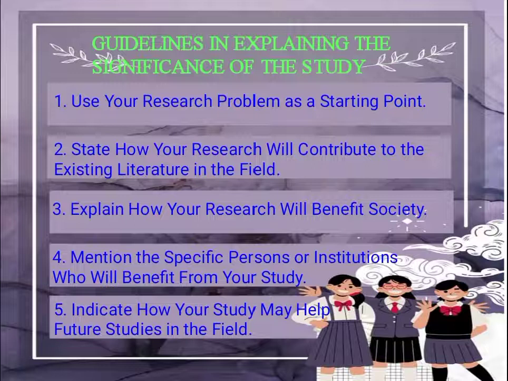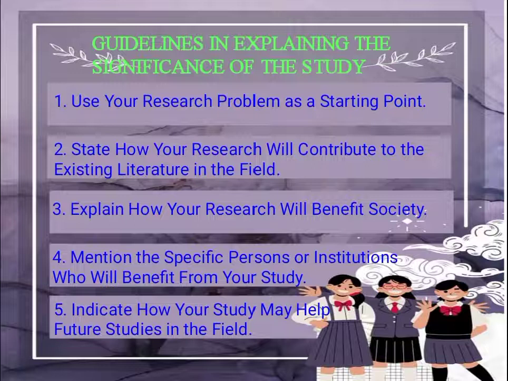The third is to explain how your research will benefit society. So in this part, guys, tell how your research will impact society. Think of how the results of your research will change something in your community. For example, guys, the study is about the use of lemongrass tea in lowering blood glucose levels.